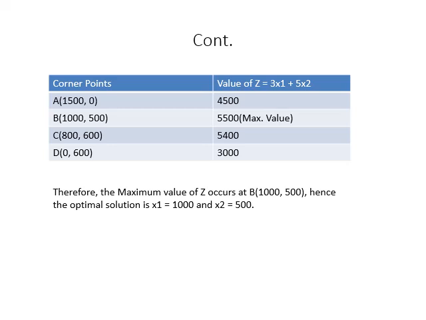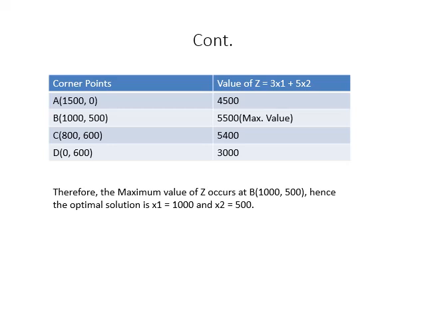When the corner point is A, where x1 equal 1500 and x2 equal 0, then z equals 3 times 1500 plus 5 times 0. So the result is 5500.